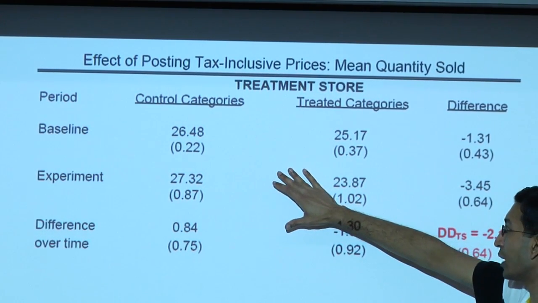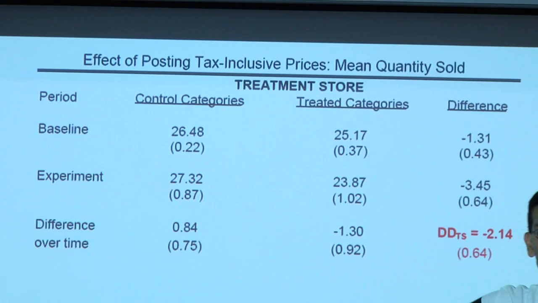And so the natural way to do that is to look at the control categories, so demand for other products within the same aisle of the store. And you can see that over the same period, demand for those products actually went up by 0.8 units. And so then you can form this difference in difference. Take the difference between these two numbers, or equivalently these two numbers, and that's the so-called difference-in-differences estimate of the impact of the intervention.